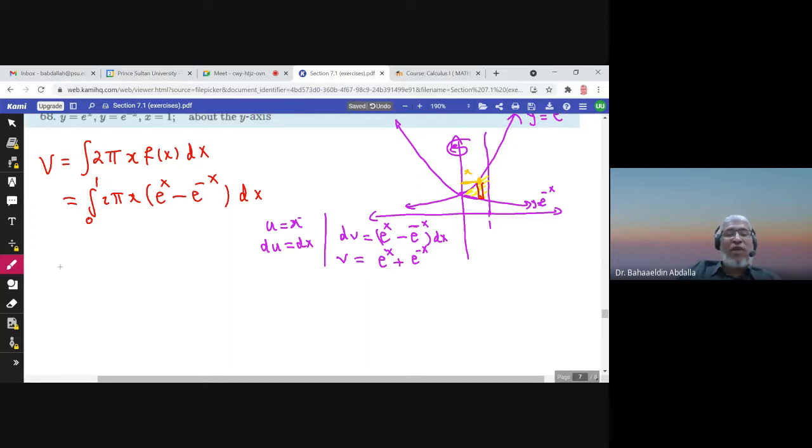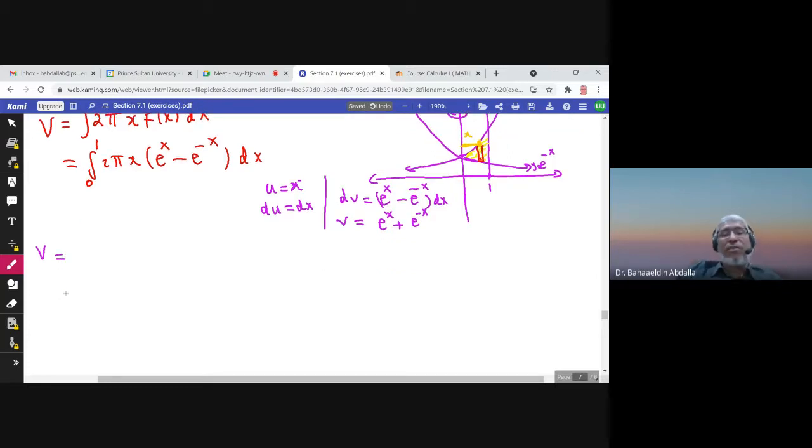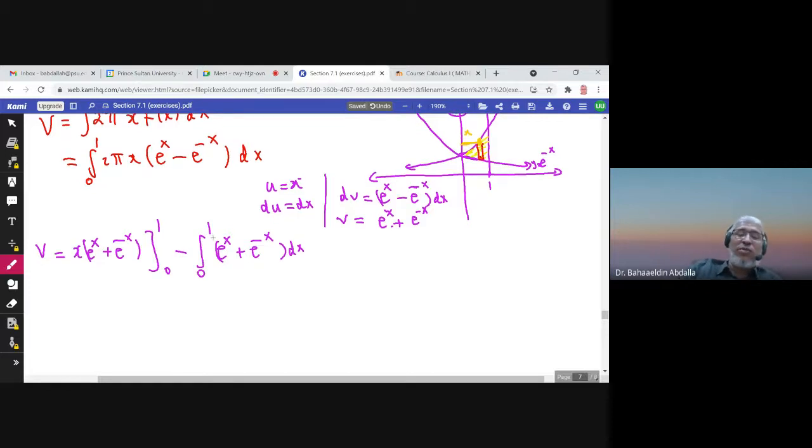So v would be equal to e^x plus e^(-x). Then it's u times v, so x times (e^x plus e^(-x)) from 0 to 1, minus the integral of v du, so e^x plus e^(-x) dx from 0 to 1.